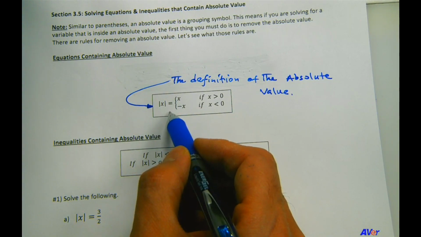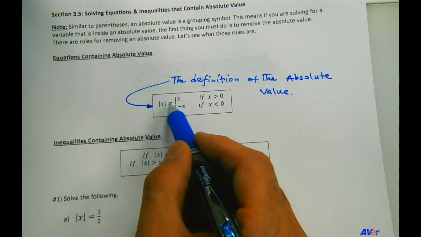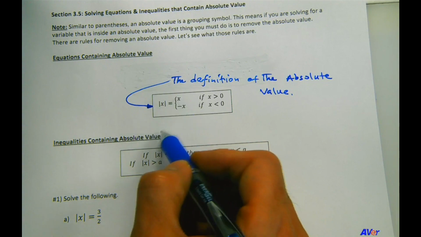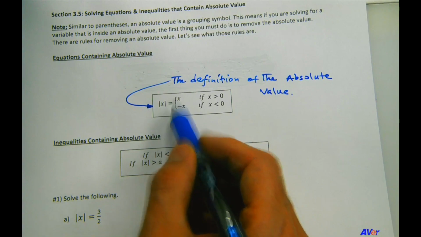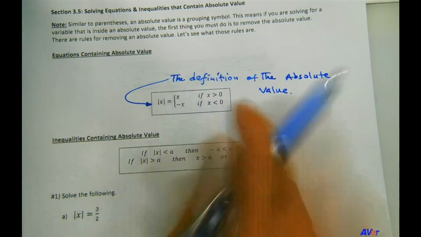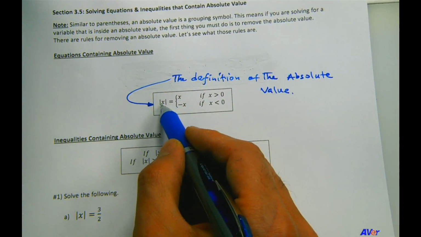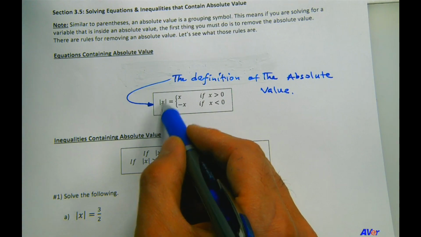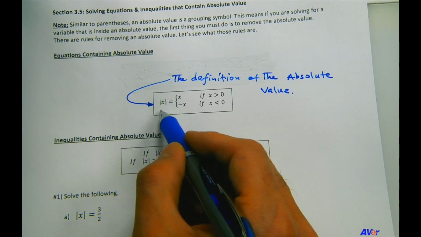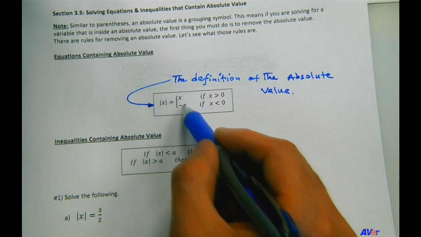The other thing you should notice is that as we remove the absolute value, we inevitably end up with two solutions, not one. So those two things should catch your attention. When we solve for x within an absolute value expression, we need to remove the absolute value notation. We need to ungroup the x from this notation. And second, as we do that, we end up with two solutions, not one.